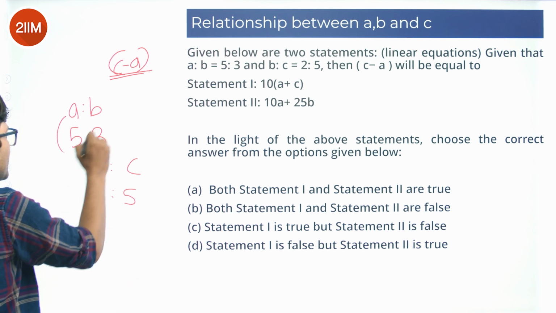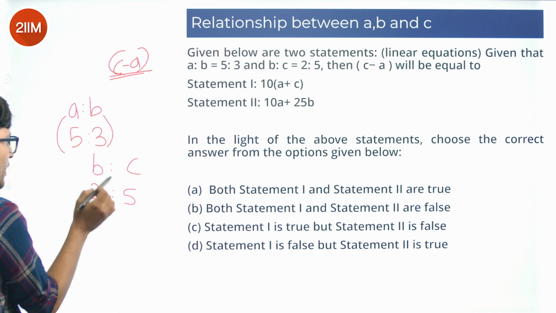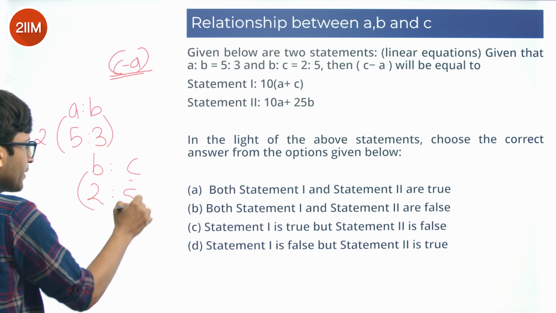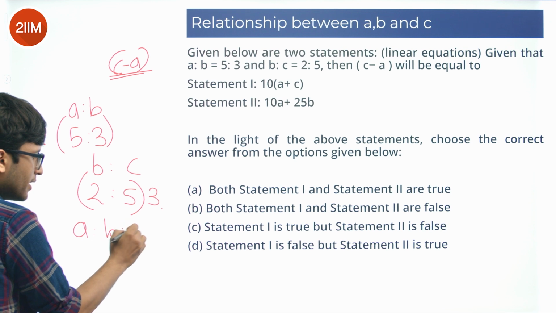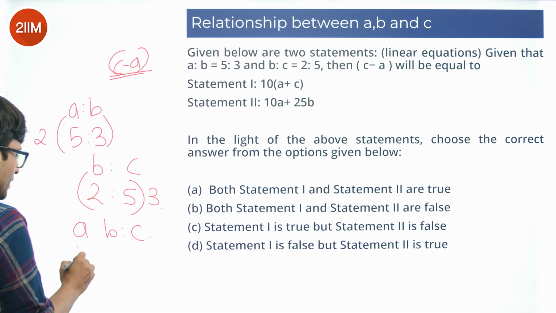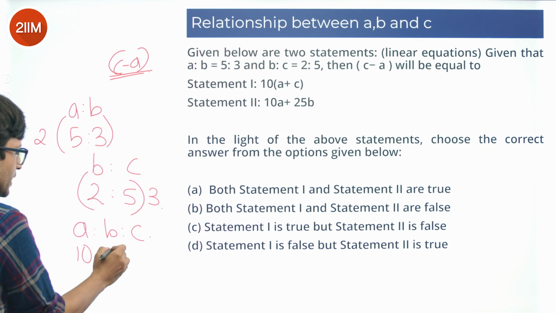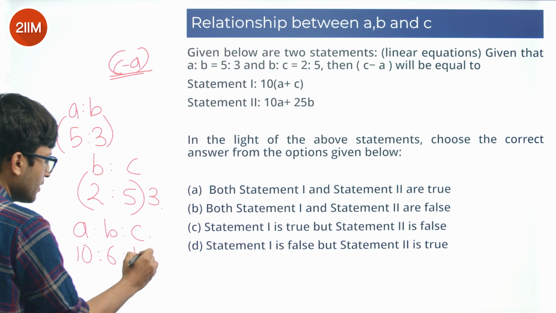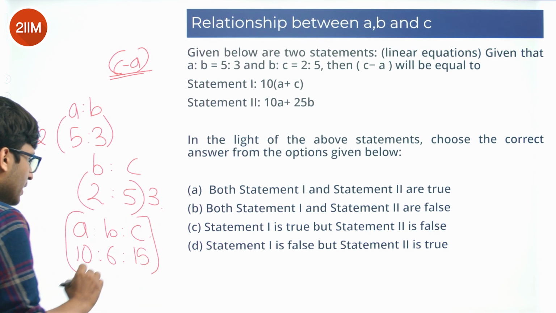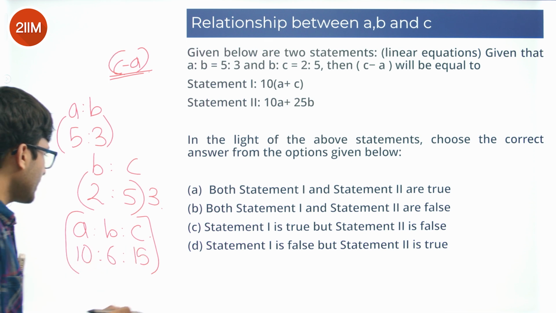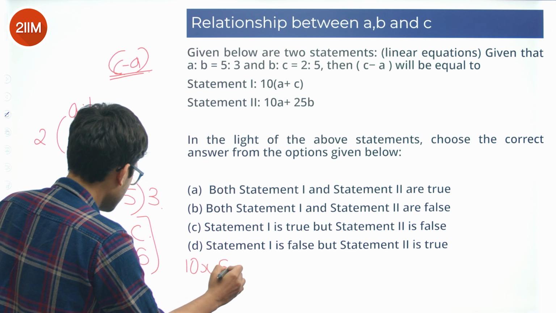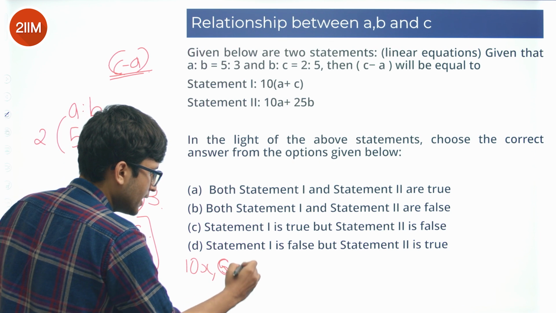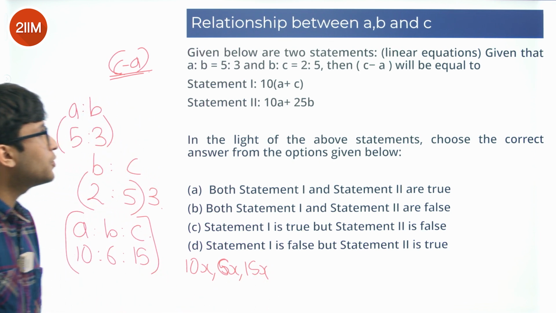So I can multiply the first equation by 2 and the second equation by 3. So A is to B is to C would turn out to be 10 is to 6 is to 15. These are my values for A, B and C. So my A can be written as 10x, B as 6x and C as 15x.